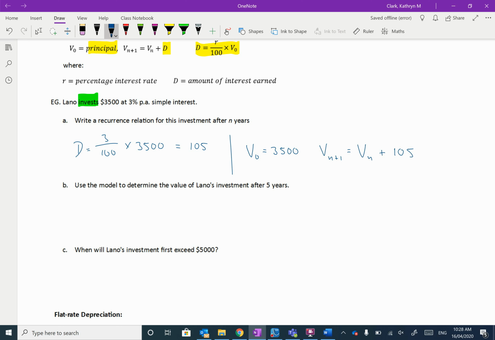Now I'm going to use this model to determine the value after 5 years. That means that I need to find V5. We're going to use our calculator to generate these terms. You can do it by hand, but it's much easier just to do it on our calculator. So we're going to use our CAS to perform 5 iterations.